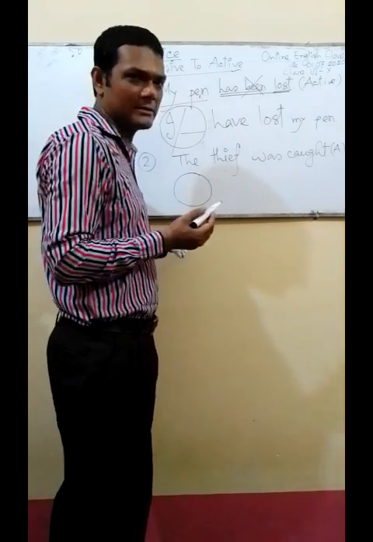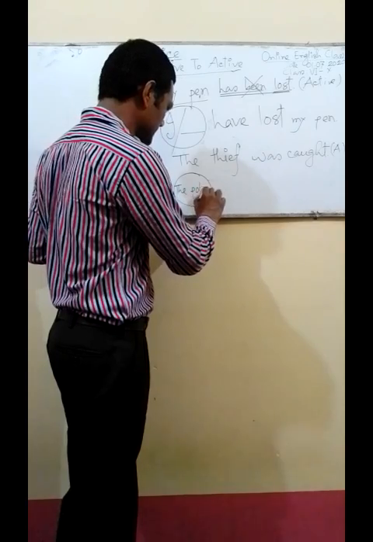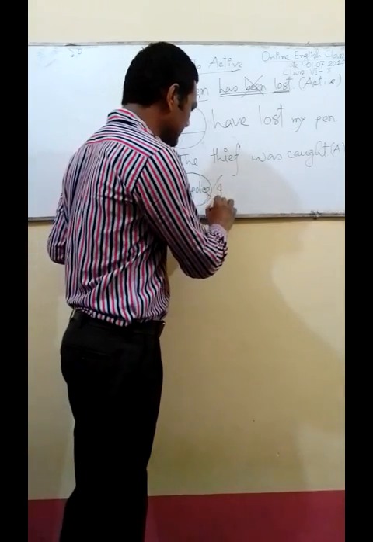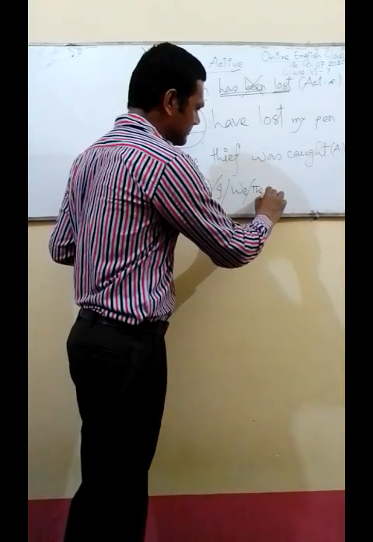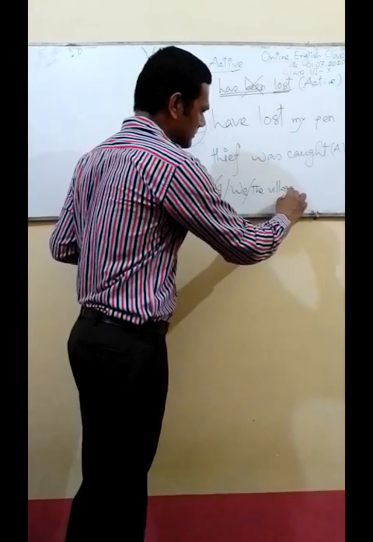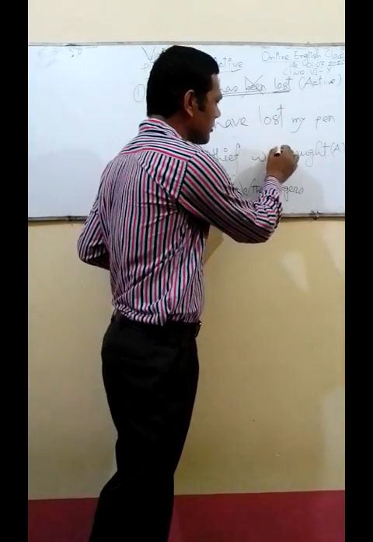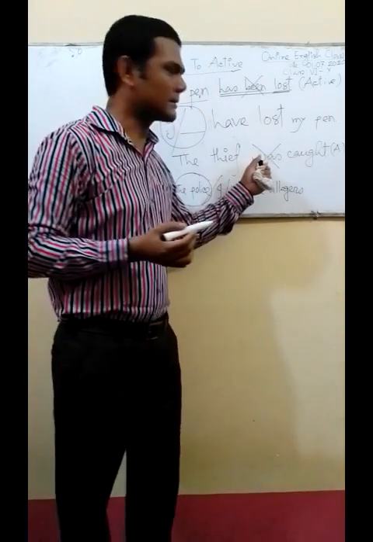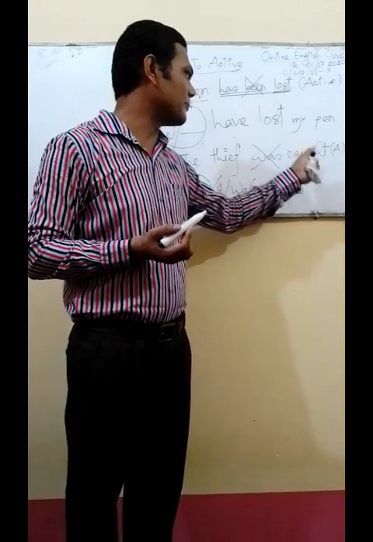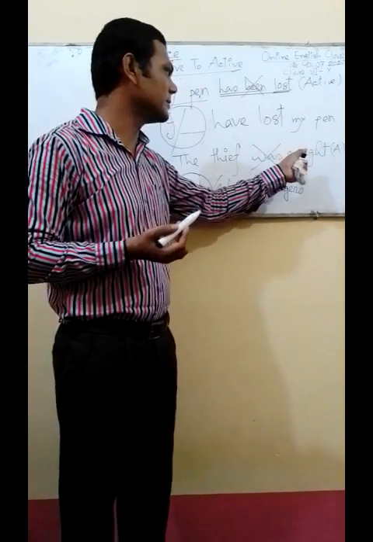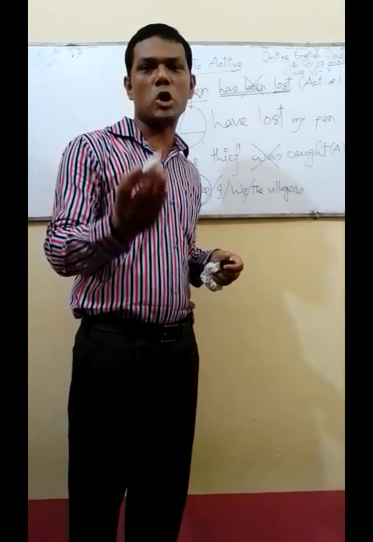Okay, I will take the police. The police. You can take I or we or the villagers. Okay, then you have to go to the auxiliary verb and you have to cut it. And here the auxiliary verb was, so you have to take the verb in past form, and it is past participle form and it is also past form. You know that catch, caught, caught.